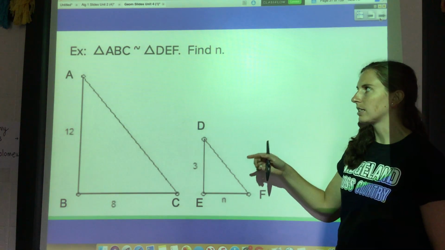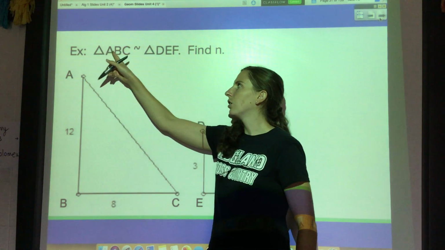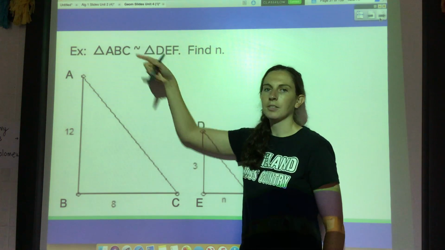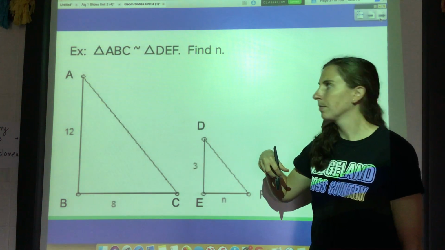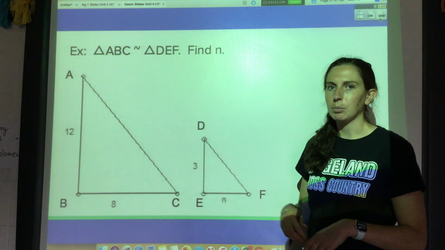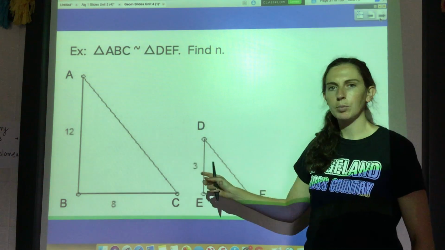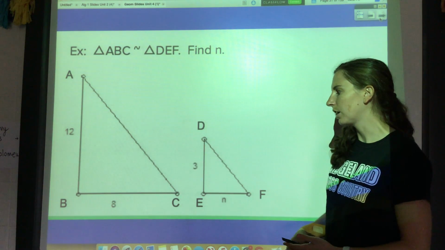I'll need to explain these symbols a bit. This means triangle ABC and triangle DEF, and this little squiggle here means that they are similar. So not congruent, but similar. That means the corresponding sides should have the same ratio.